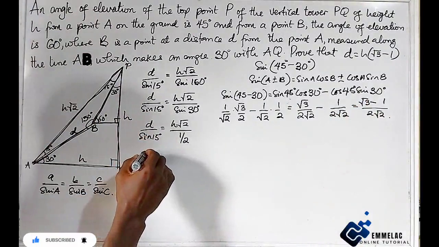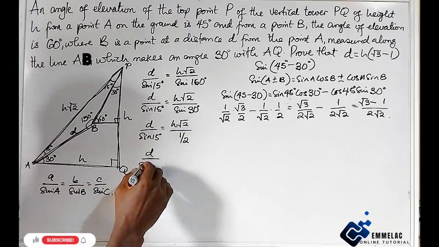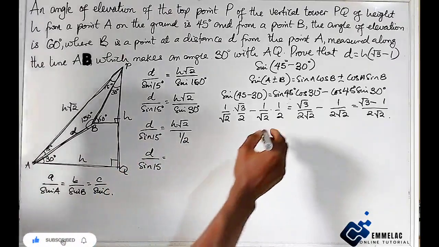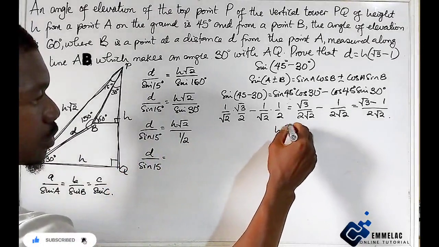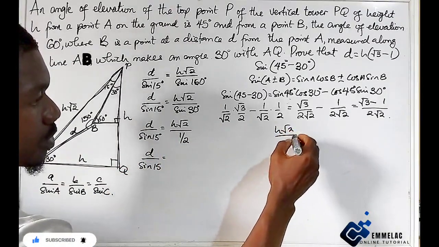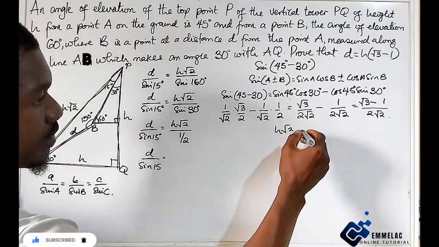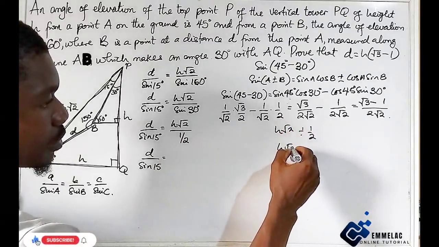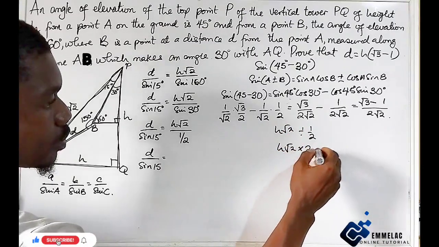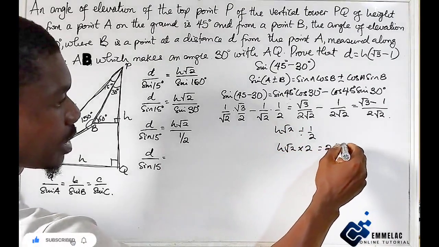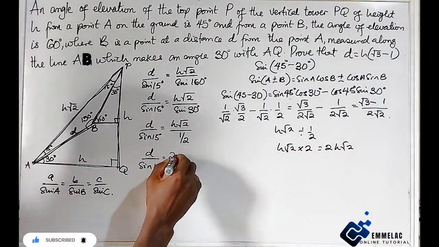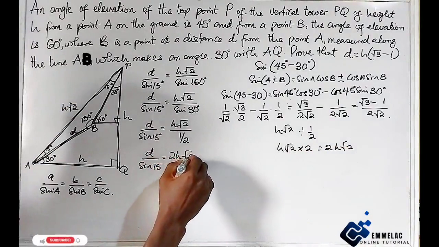Now D over sine 15 equals H root 2 divided by 1 over 2. Changing this sign, you have H root 2 times 2, which gives 2H root 2.